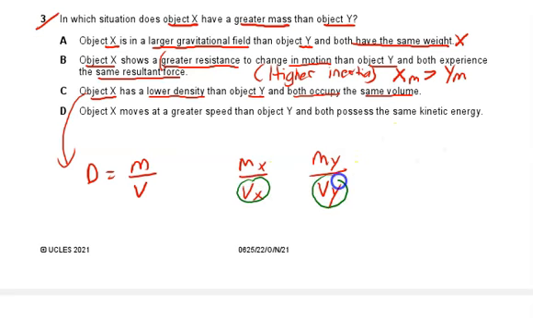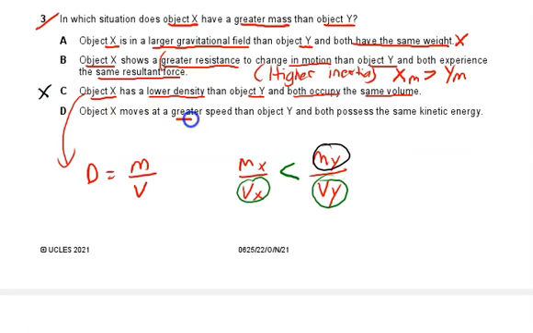Okay, they mention object X has a lower density, so the density is much lower. Which means the mass of Y is greater than the mass of X. So this is wrong. So now let us look at D.